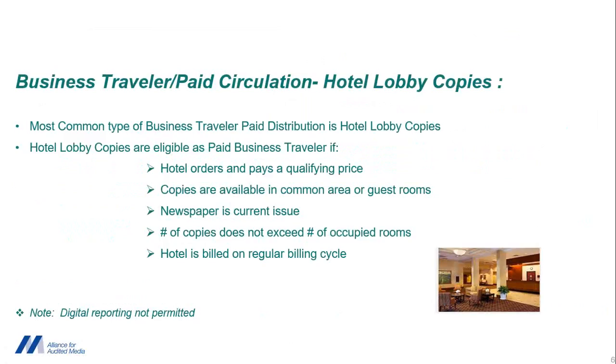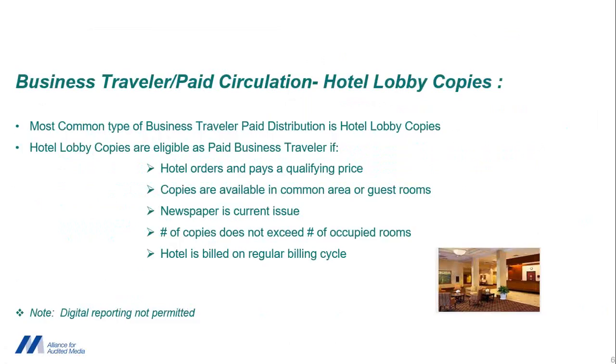The next level of paid distribution is known as business traveler. The most common category for business traveler is hotel lobby copies. Now, with these hotel lobby copies, the hotel is paying for these papers to be distributed in a common area for their hotel guests. And this is a reoccurring distribution for the hotel.